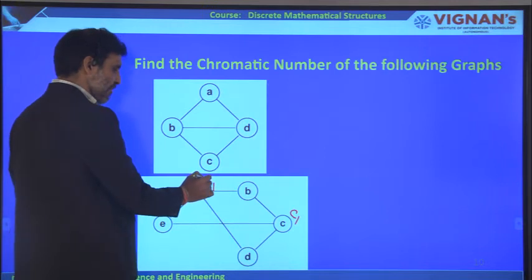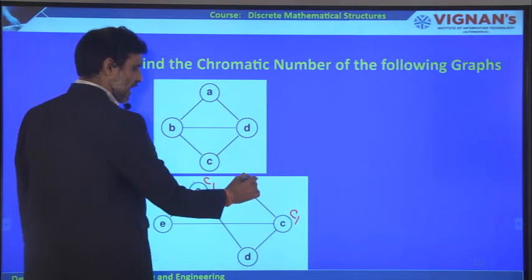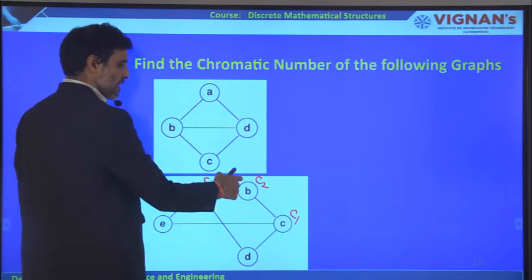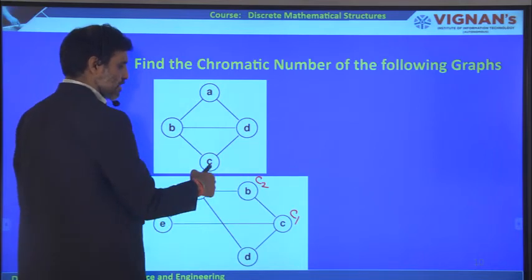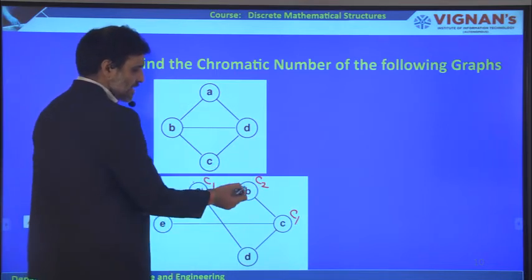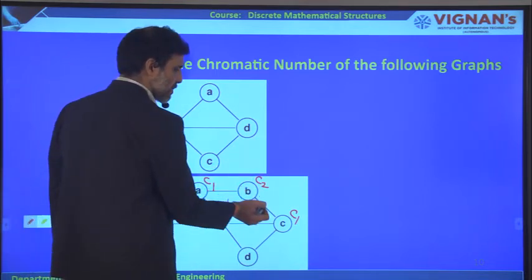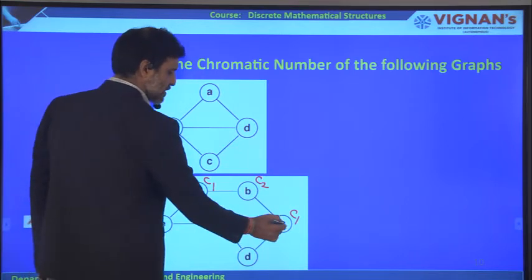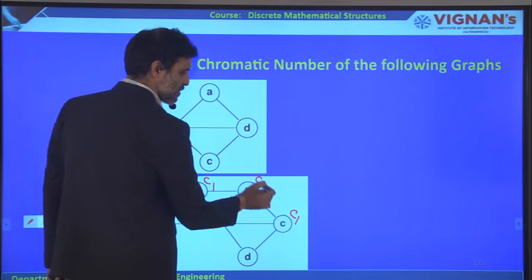Now if you fill vertex A with C1, then you can go with C2 here. Because it is adjacent to A, you cannot fill it with C1, so you go with another color, C2. Now let us take the adjacents of this particular vertex C, which is A only, so you cannot fill C with C2.